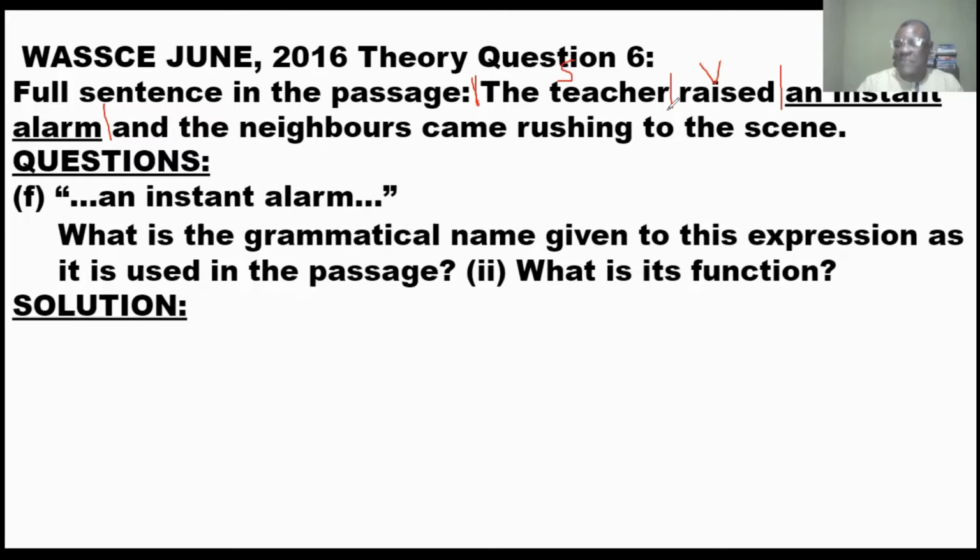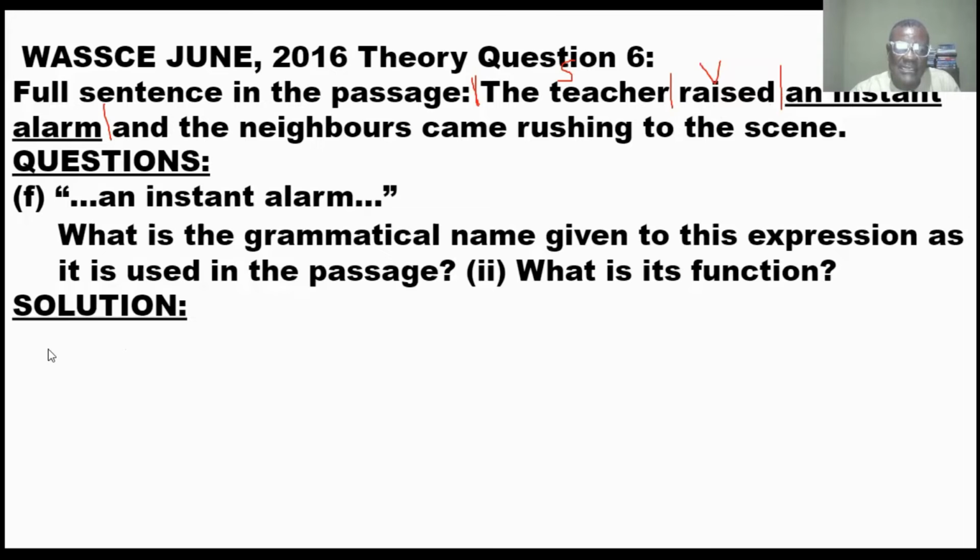The teacher took action. And then what follows? We receive the action reported by the verb raised. So an instant alarm is an object of the verb raised because it receives the action of the verb raised. Okay, so that is how we arrive at the answers.